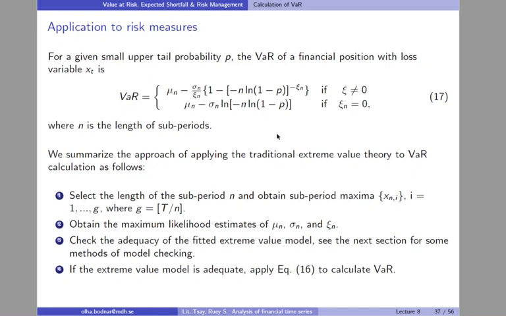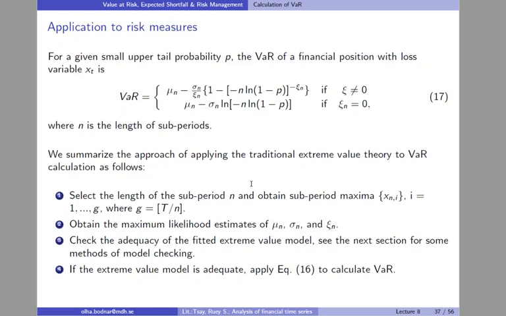So we can summarize the approach of applying the traditional extreme value theory to value at risk calculation in this way. Firstly, we select the length of the subperiod n and obtain subperiod maxima, the values of x_{n,i}, where g is basically the sample size divided by the length of periods, by the number of periods, sorry.